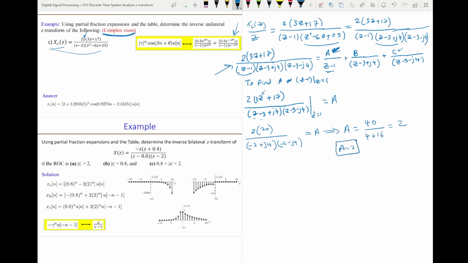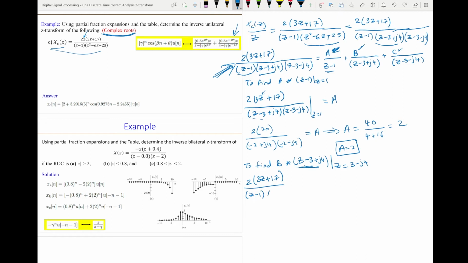Now, how do we find B? Same thing. To find B, multiply everything by its denominator and set z equal to 3 minus j4. So then this equation now will be as follows. Since I'm multiplying by this term, this will be cancelled.